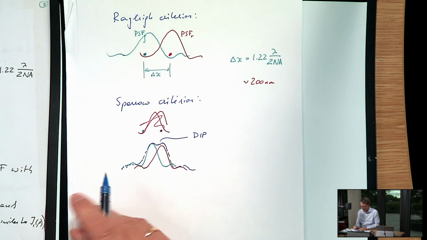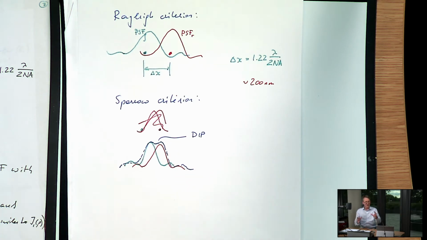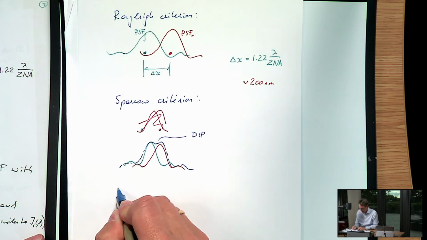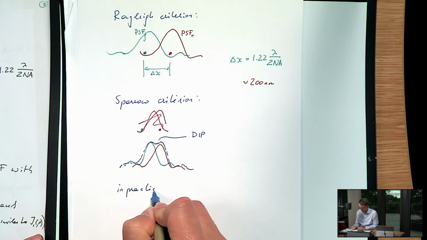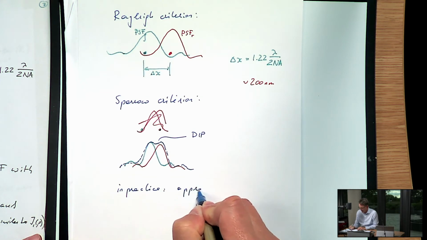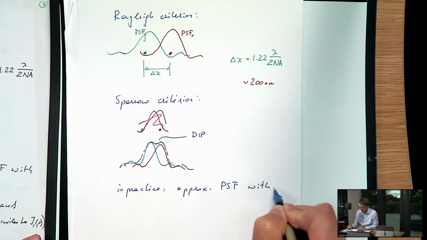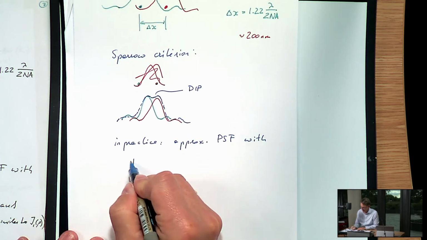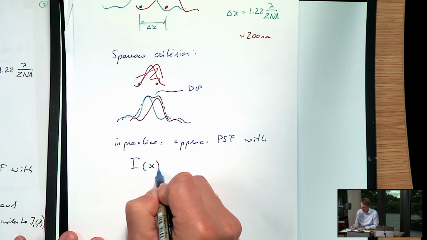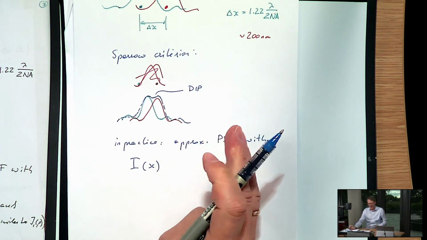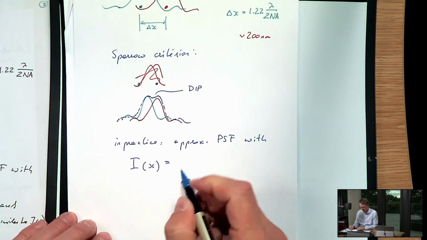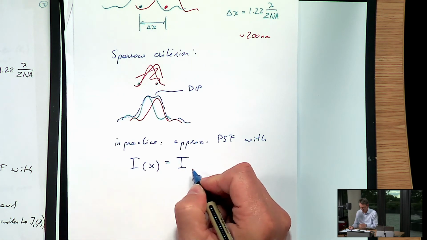What we do in localization microscopy, when we actually fit PSFs, is approximate the PSF with a Gaussian function. You would not use Bessel functions because computationally that's really expensive, and it's much quicker to fit Gaussians to the point spread function.